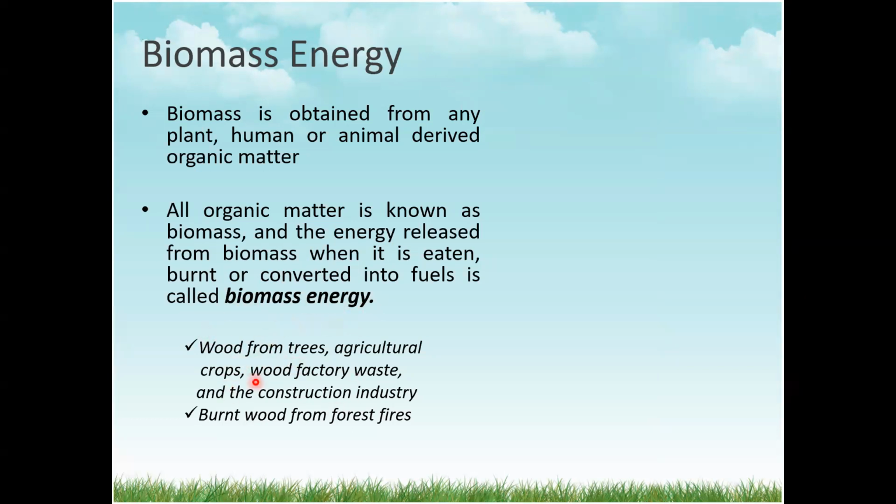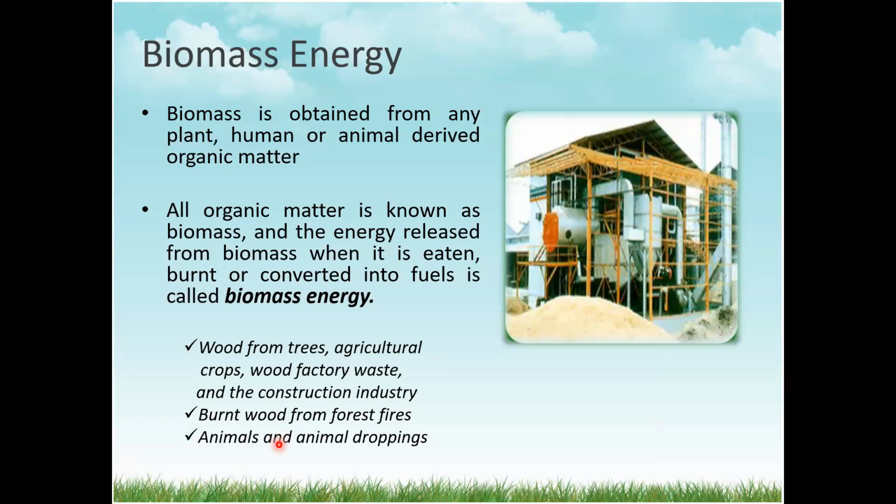So, what are examples of biomass? Wood from trees, agricultural crops and agricultural waste, wood waste, the burnt wood from forest fires, animal and animal droppings also. So this is an example of a power plant using rice husk.